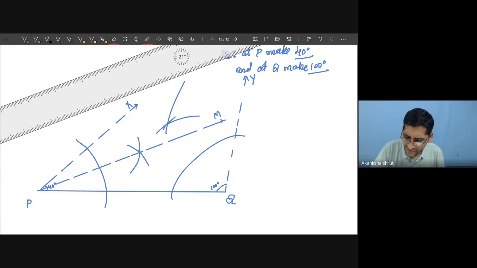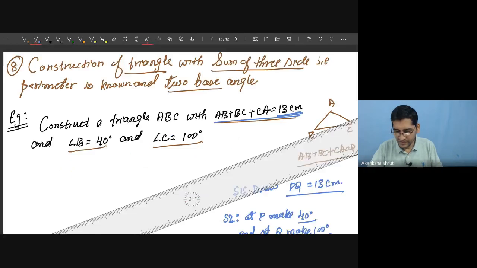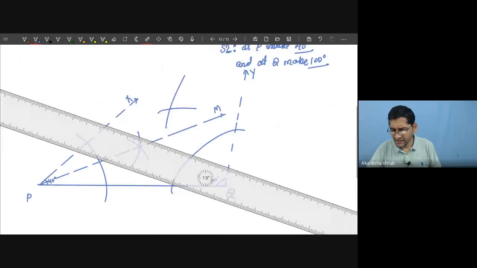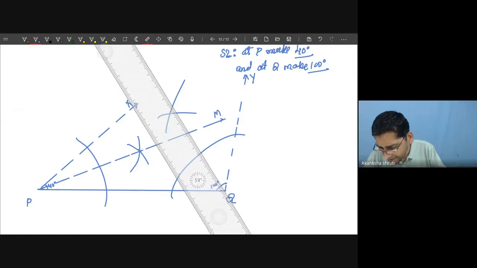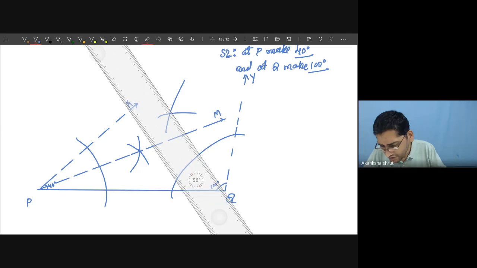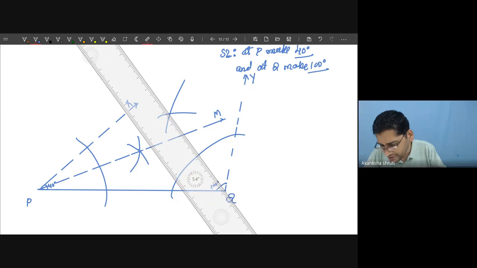Okay students, this we have done yesterday. Now join this Q to this point, which means this is the other angle bisector. Here the angle is also shown on our scale center. Are you getting?